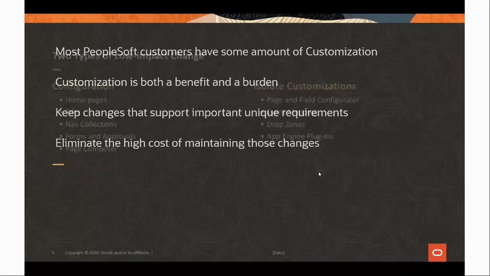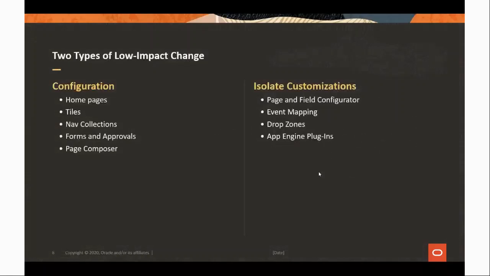So there are two types of low impact change, and this is not a comprehensive list, particularly the one on the left, but I wanted to point these out. There are all sorts of things that you can do without using App Designer, without writing new code, without touching our metadata and stuff like that. You can create your own home pages, your own tiles, nav collections, you can use Forms and Approval Builder and Page Composer and things like that.